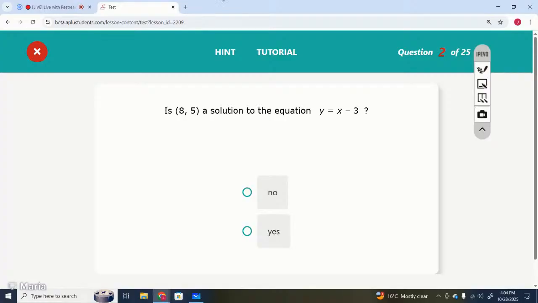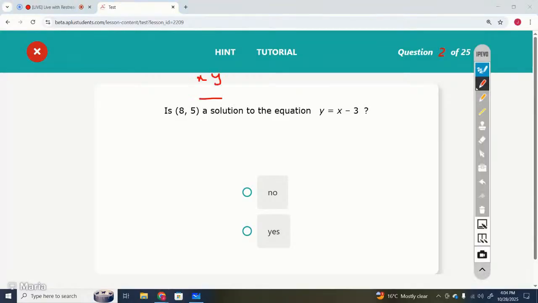Is 8, 5 a solution to the equation y equals x minus 3? X is 8, y is 5, right? So plug in the values in the equation. Y is 5, x is 8. So 8 minus 3 is 5.